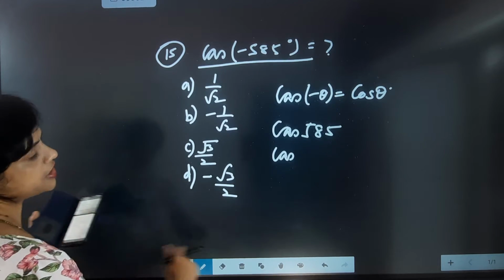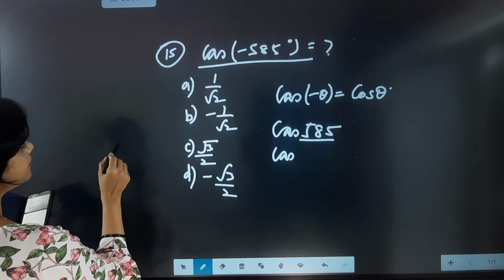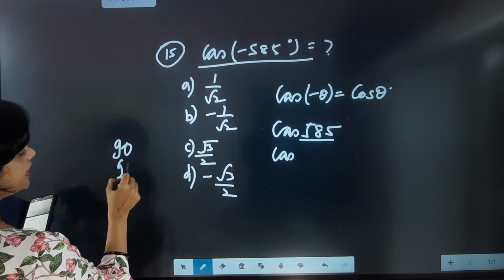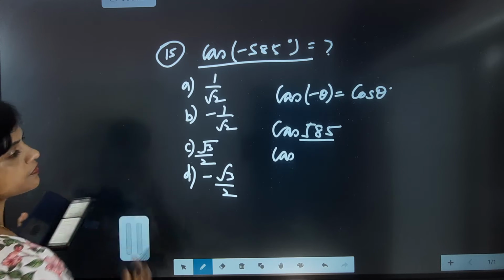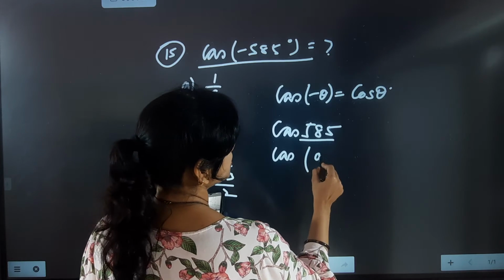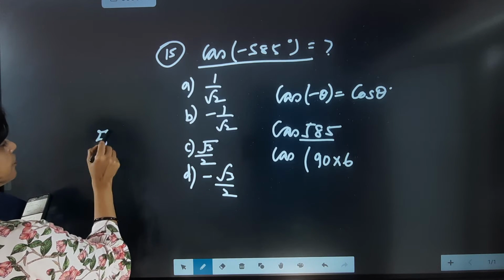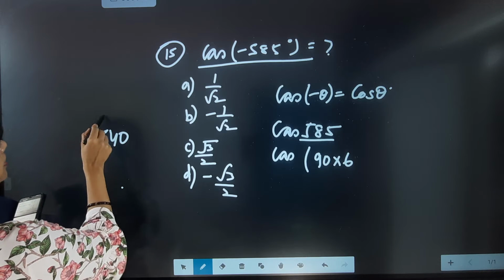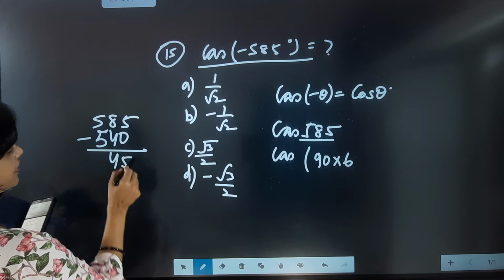Shall we convert it into multiples of 90 degree? So 90, 90, 90, 90. You see, 9 sixes are 54, so 90 into 6 is 540. Now 585 minus 540 will come 45.